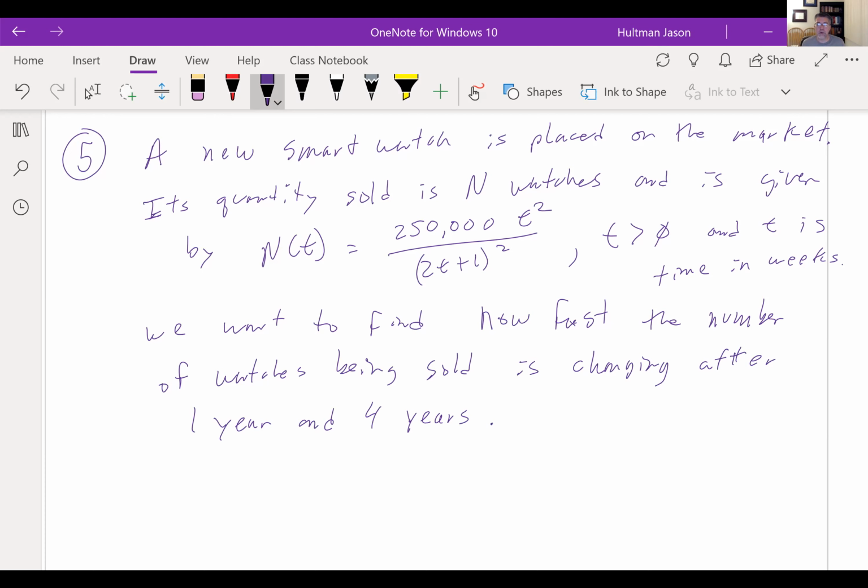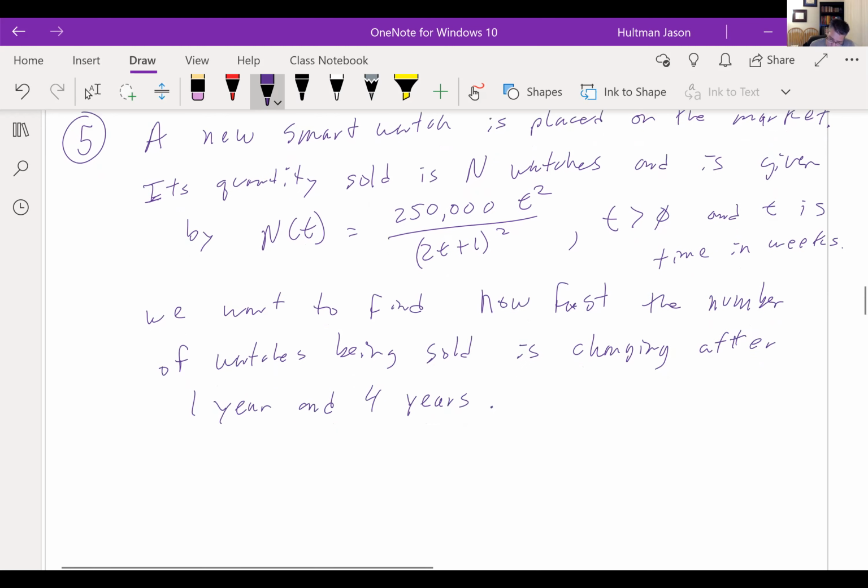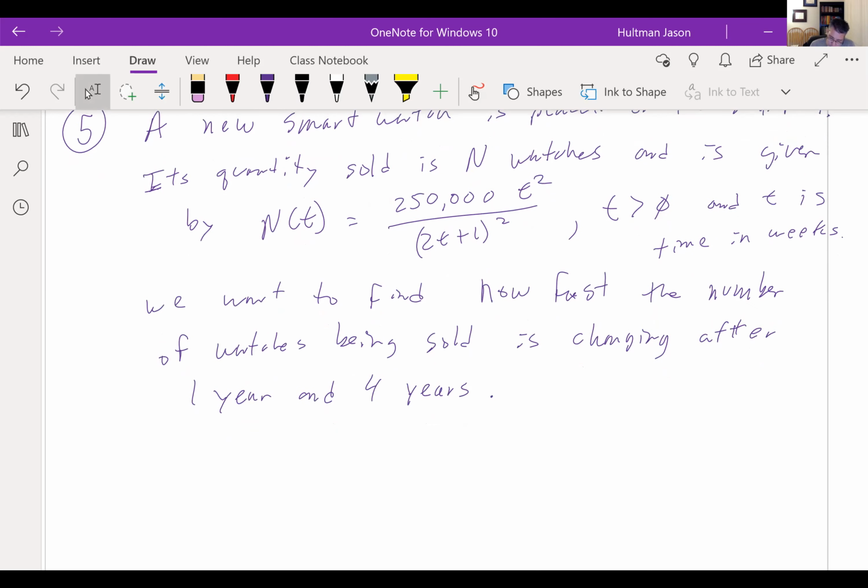Okay, so that's what we want to do. We want to find out how fast is the number of watches being sold changing after 1 year and after 4 years. What's the instantaneous rate of change per watch? Okay, what's the rate of change per watch? Okay, so we need to find the derivative here and then plug in the value.